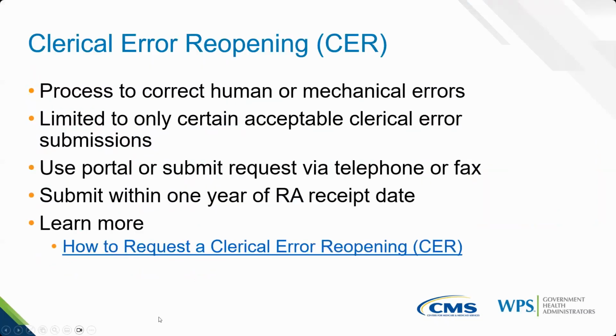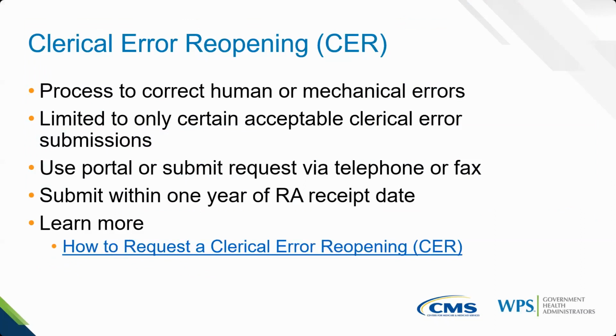I talked earlier about the clerical error reopening process, that CER process, and told you that I'd share some more details in a couple of minutes. This is the process to correct those human or mechanical errors. Clerical errors or minor errors are limited to errors in form and content. They are not omissions, such as when you've failed to bill for a certain item or service.